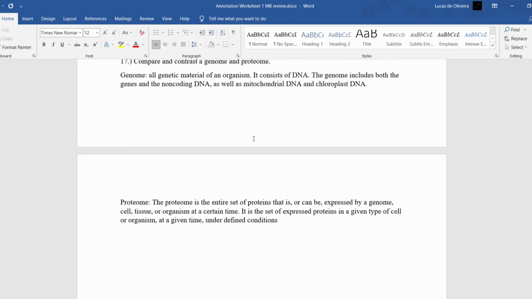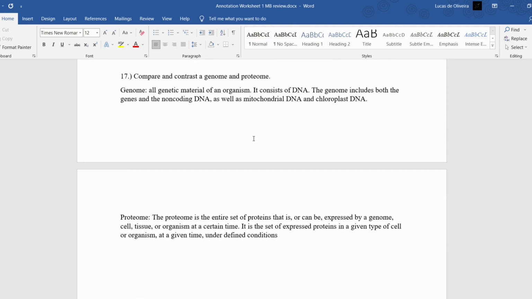And then the last question is compare and contrast a genome and proteome. Mainly I included this question because you'll see the word genome a lot, just to have a solid understanding of what a genome is. It is the entire genetic material of an organism. So all of the DNA, including the non-coding stuff, like your introns.